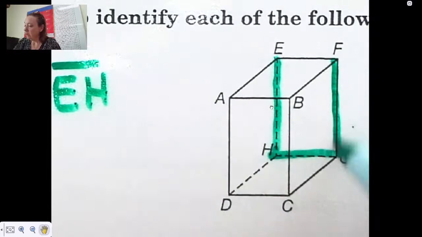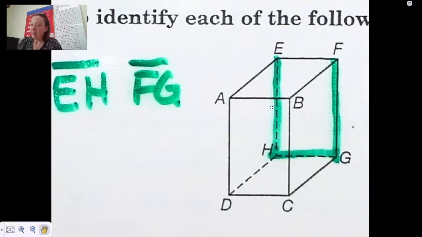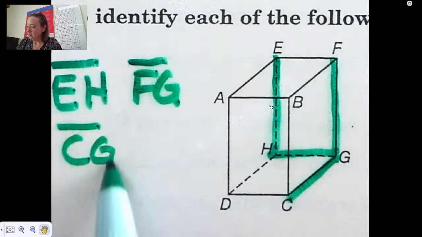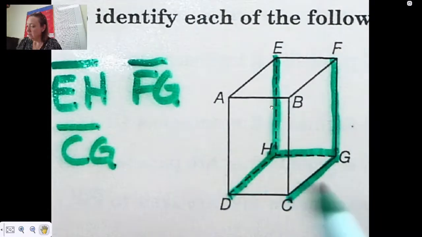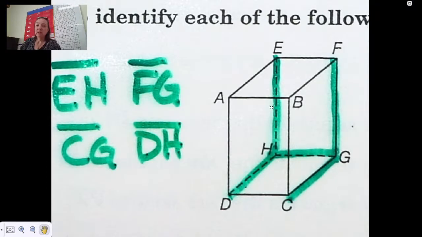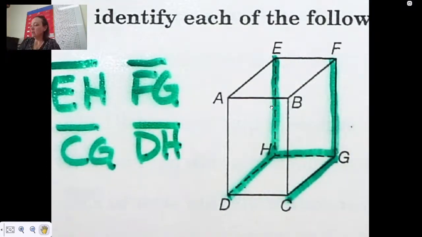FG, this one right here, it crosses it, right? And then CG does. And then this one does DH. Good job, you guys. So they all intersect with GH, right?